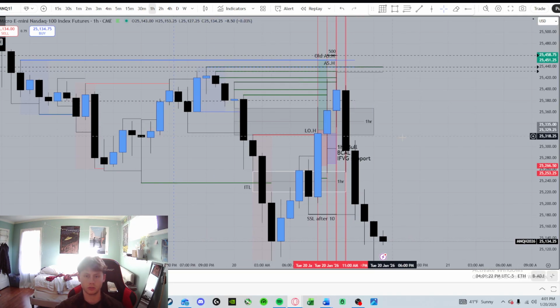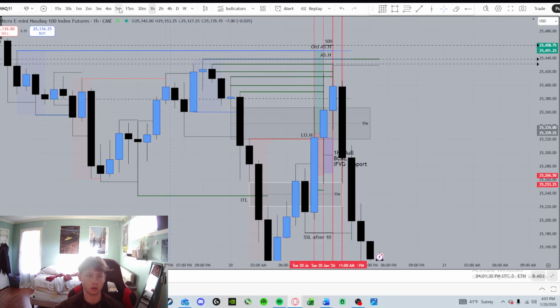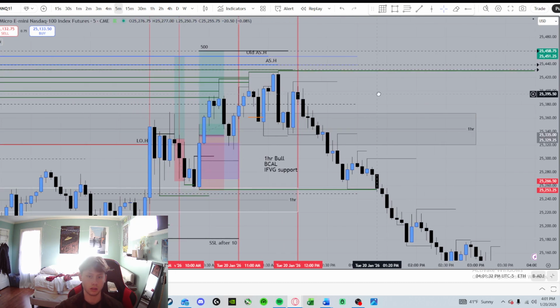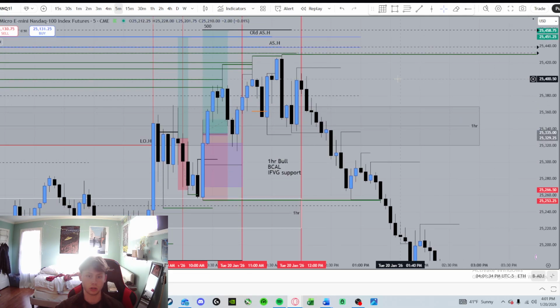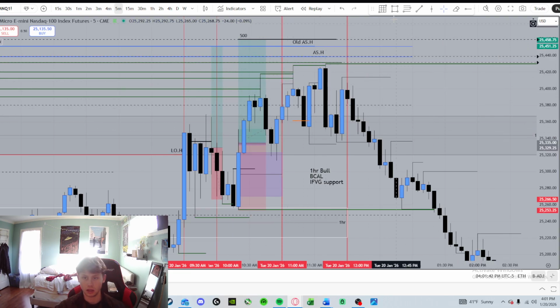You pretty much look for an open 1 hour. So this was an open 1 hour here that it hit. So our bias would be bearish from that. Then you look for a bearish 5 minute. There was one here, but it just ran right through it. But we have a bearish 5 minute here.